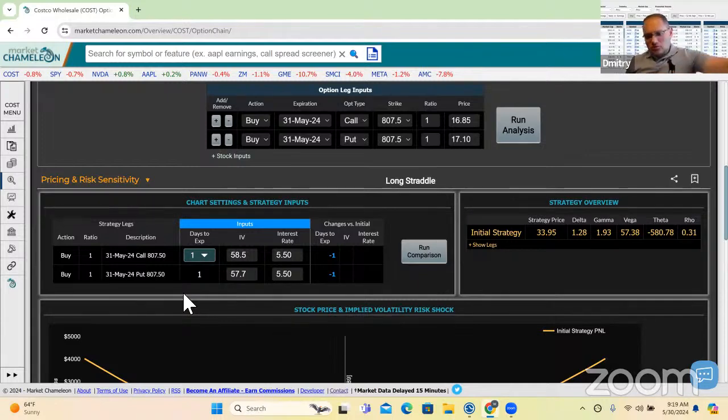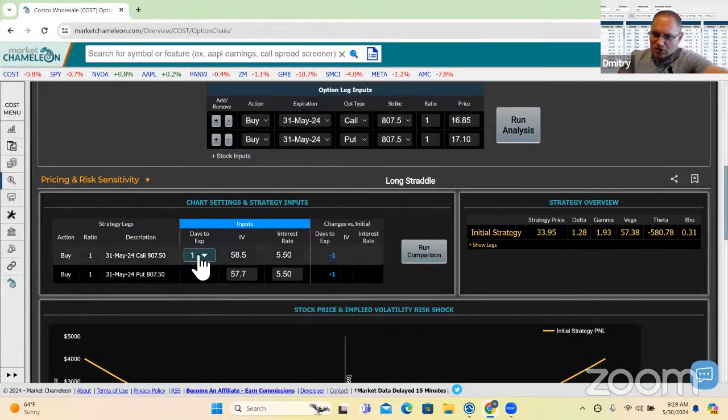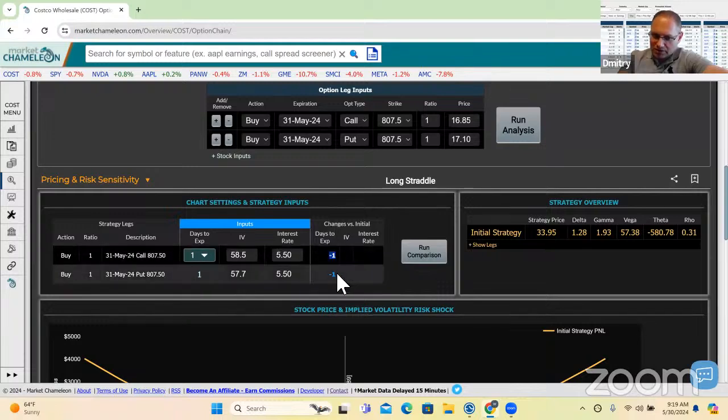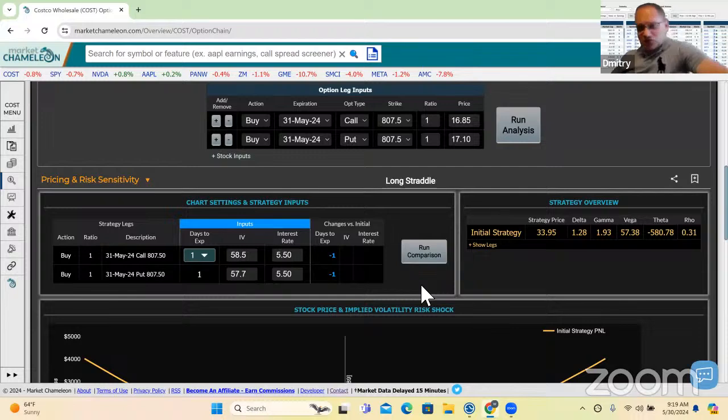So what did it do? Before I run the analysis, you could see now it's looking at this strategy with 1 day to expiration. So you see what I did? I reduced the days to expiration by 1 day before I run the analysis, and I want to compare what it is today versus the next day. So here's the initial strategy, 33.95.